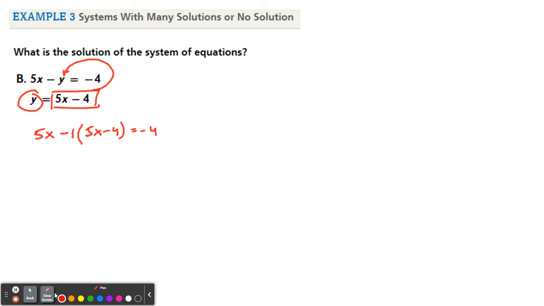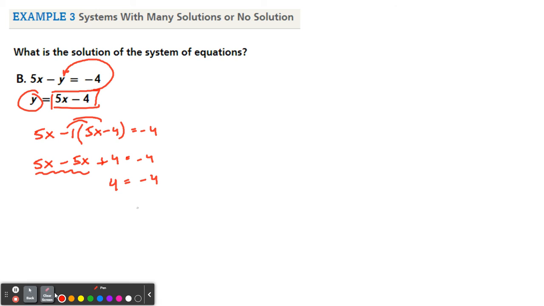Remember that this is a magical negative 1 that you need to distribute into that parenthesis. So we have 5x. Negative 1 times 5 is negative 5. The x comes. Negative 1 times negative 4 is positive 4. And that equals negative 4. Again, I have three terms here. Combine your like terms. 5x minus 5x cancels. The variable goes away. And we have 4 equals negative 4.